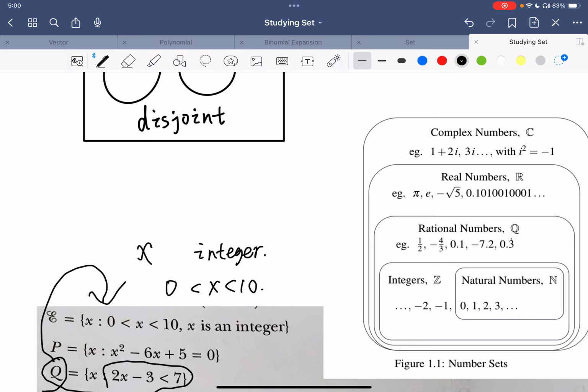If we exclude a number, then we use the smaller or bigger sign, right? And if we draw on the number line, then we can see that we use the closing intervals for this case.